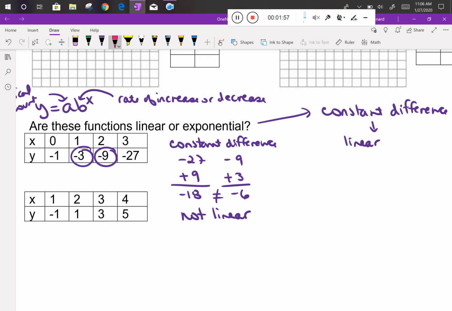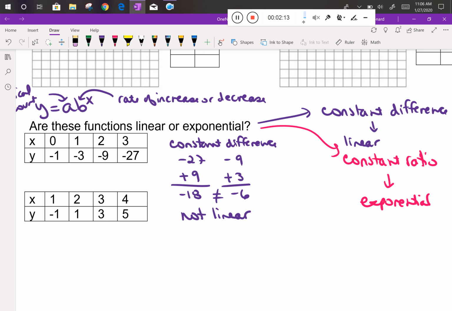So the something else would be to look for what's called a constant ratio. A constant ratio is what gives us an exponential relationship. So we start out the same way. Remember before we started with the negative 27 and the negative 9? Well, when I want to calculate a constant ratio, I'm going to take the negative 27 and make a ratio or a fraction with the negative 9.